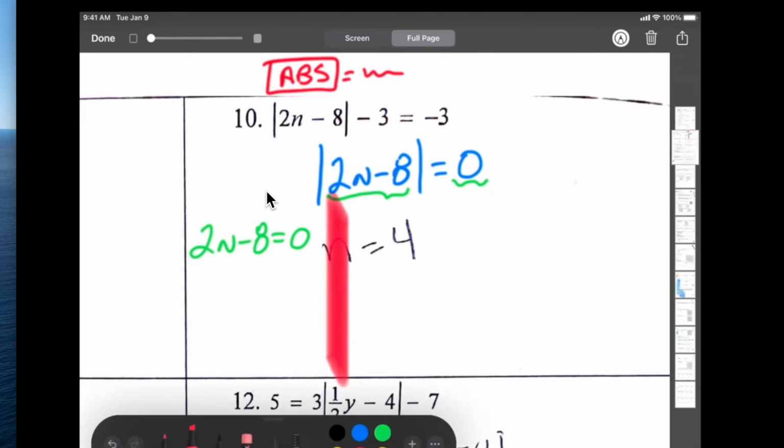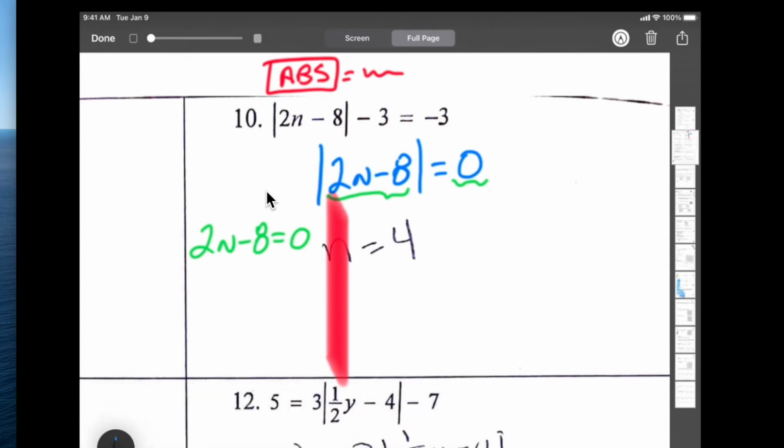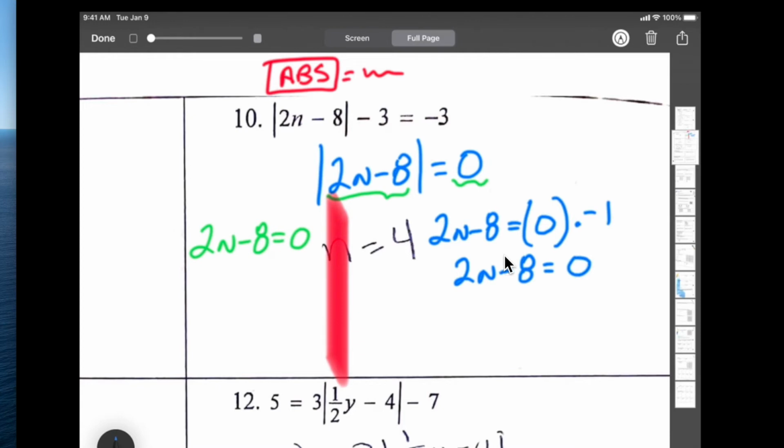In addition, you set up a totally separate equation where the stuff inside the absolute value sign is equal to the opposite side times -1. In this case, -1 times 0 is just 0, so it doesn't matter. But as we'll see going forward, it's gonna matter with most of these problems.